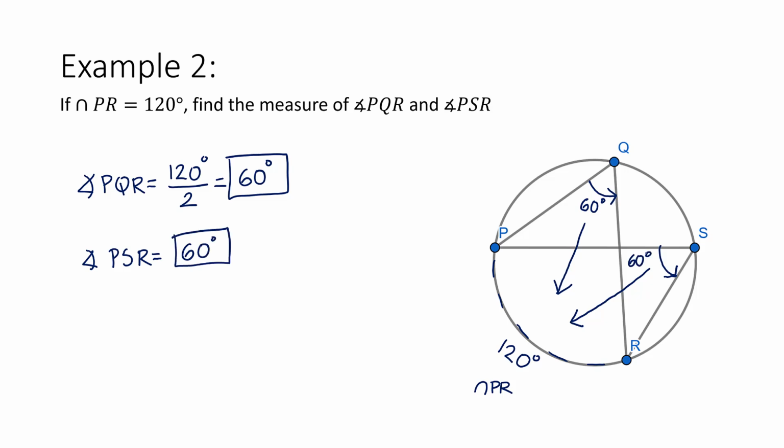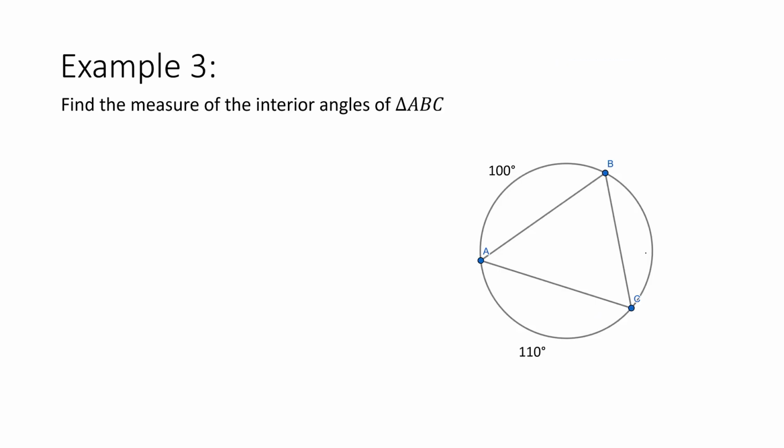Let's solve our third example. Find the measure of the interior angles of triangle ABC. It may seem confusing that now we're talking about a triangle, but if we pay attention to the picture, we see that the vertices of this triangle are inscribed angles, and all of them have intercepted arcs.